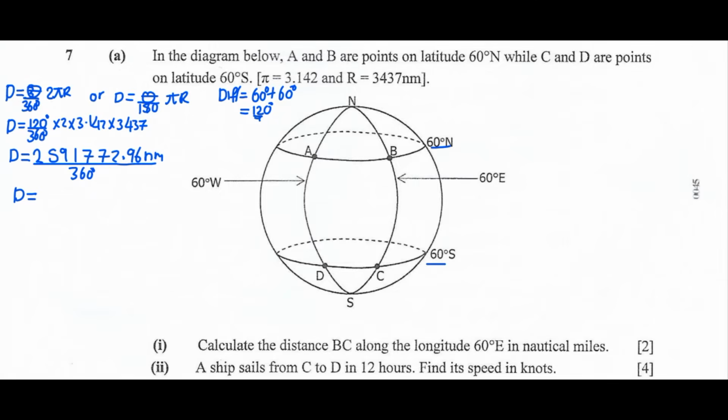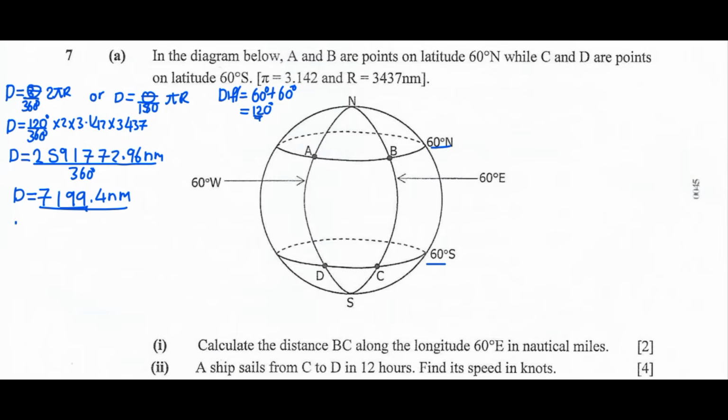So that's our distance. If we divide by 360, I'm getting 7,199.4, not commas, as our answer. Then you can round it off to 3 significant figures, but the answer is this one.